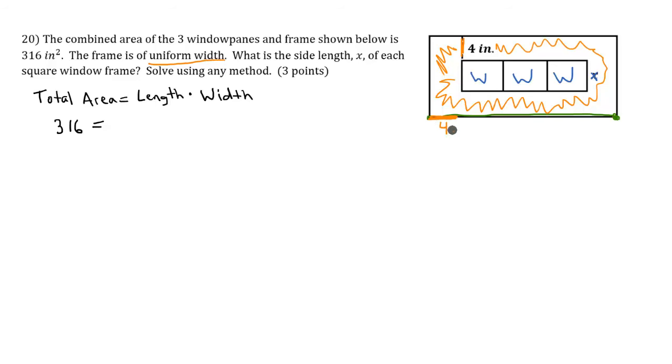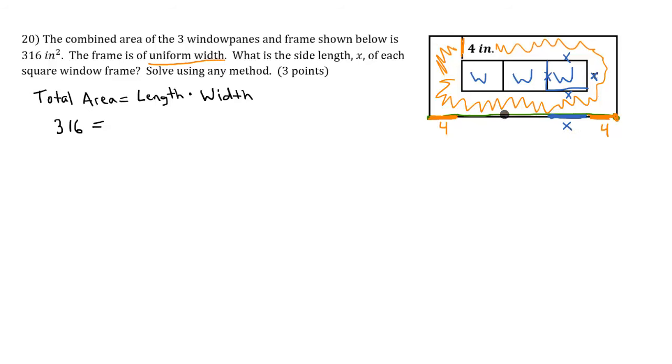Throw a 4 down there. And that happens over here too. So from this point to about right there, this is going to be 4 as well. Now each of these windows is going to be x. So you have x on this side, x there, and then x there. So from here to here, that'll be x.